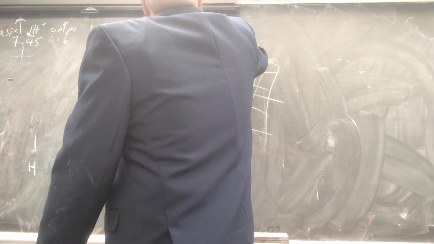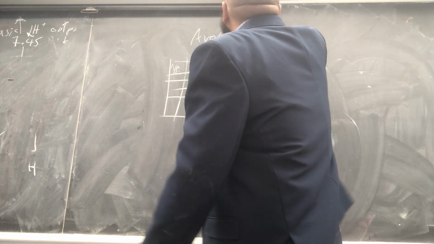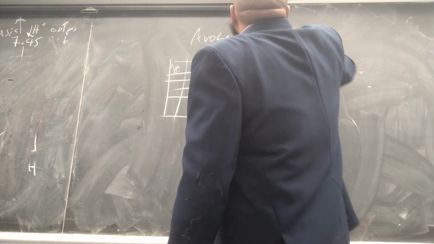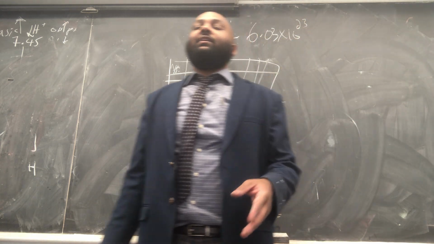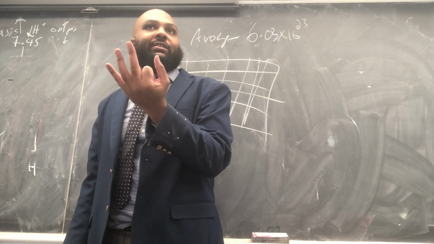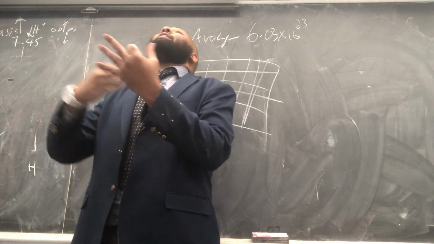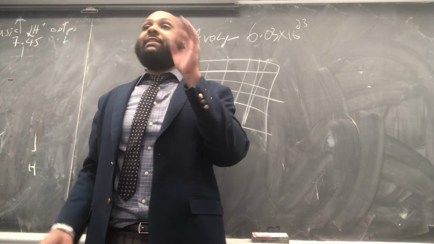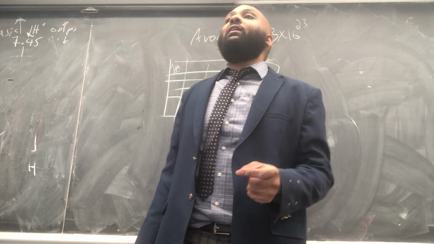You got to know Avogadro's number. Avogadro's number is 6.02 times 10 to the power of 23. That's the number 6 with 23 zeros.